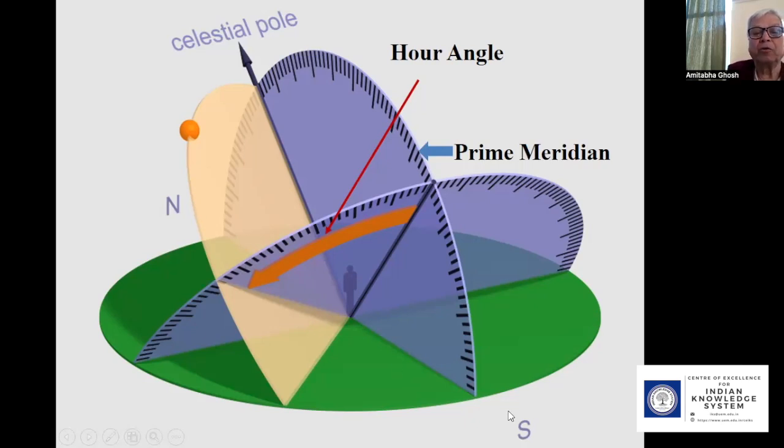So this is the north-south line for the observer. This is the observer standing. And so this is the zenith, vertically up. Now, this is the pole, the celestial pole. That means this is the axis about which Earth is rotating from this side to this side. Relatively, the sky or heaven is rotating in the opposite direction.